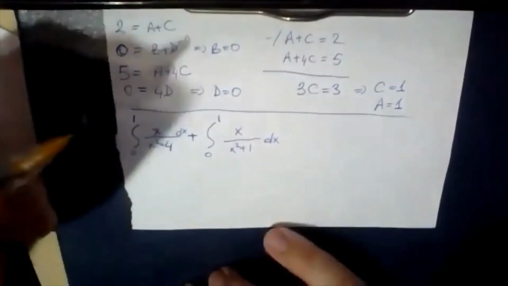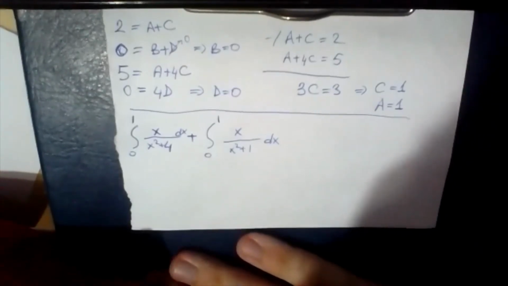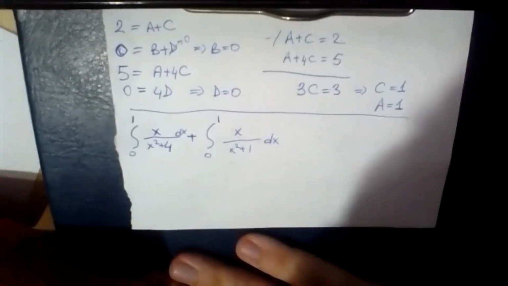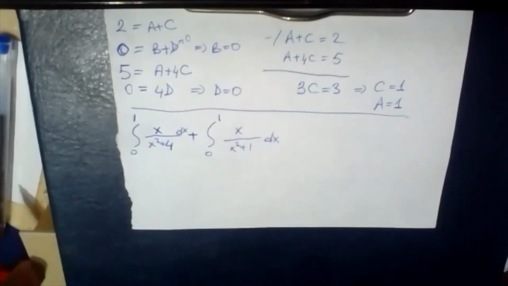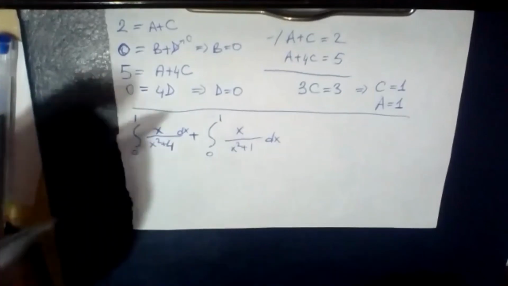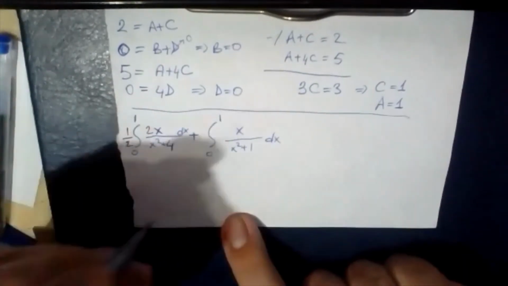And again, the degree of the numerator is 1 and the degree of the denominator is 2. So to make the numerator resemble the derivative of the denominator, we can multiply and divide each integral by 2.